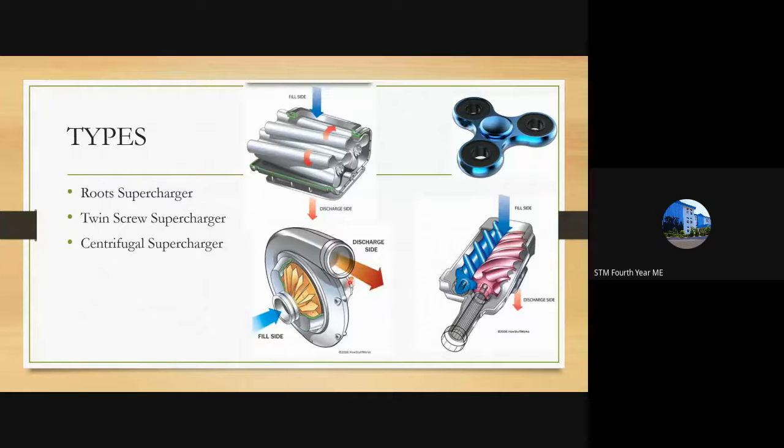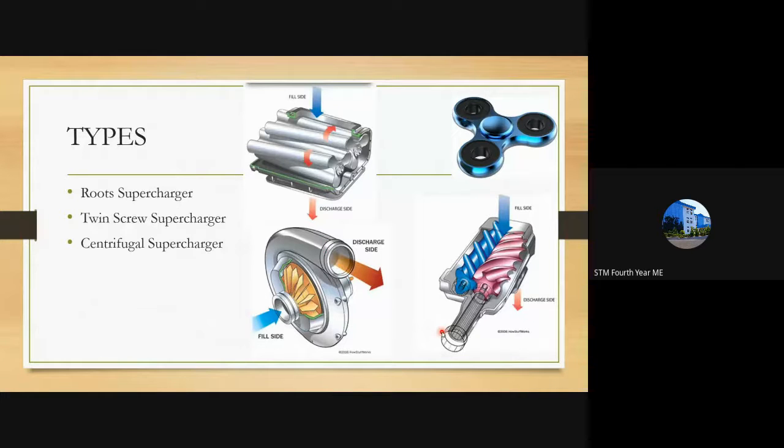This end will be coupled with the engine, and once the engine rotates, this fan or vane or turbine rotates, and on rotation it sucks in air and swirls it at a high speed, compressing the air and increasing the amount of volume of air, and then discharging it to this side.